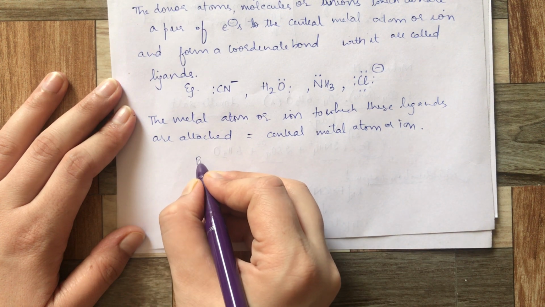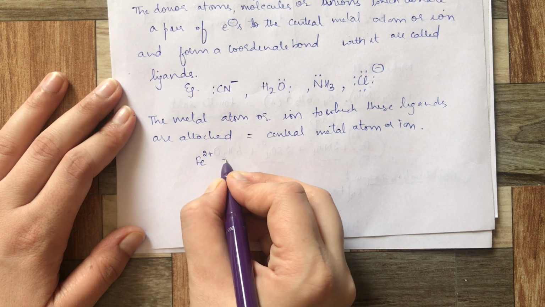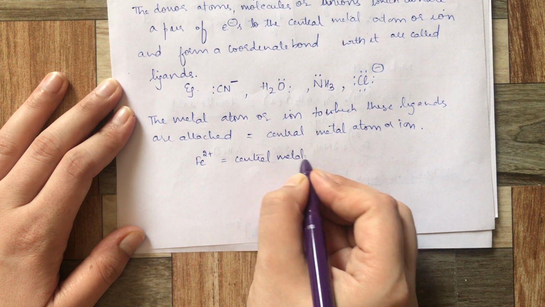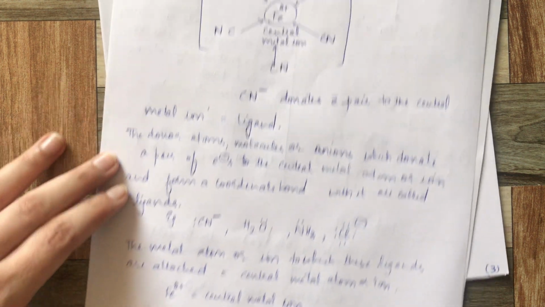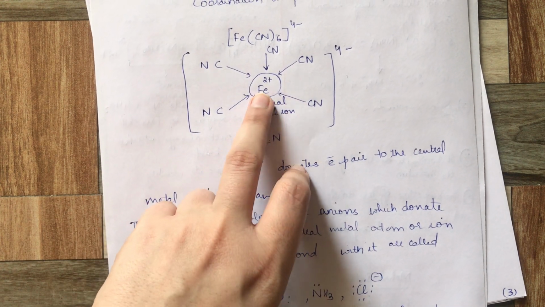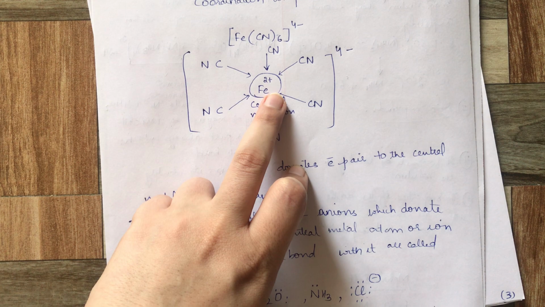For example, in this case, Fe2+ will act as the central metal ion. So all the ligands form a coordinate bond with the central metal ion.